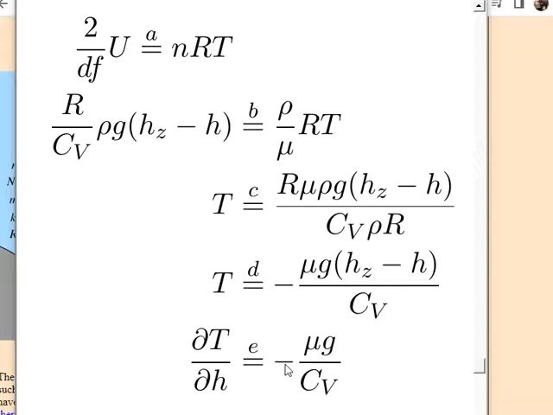I also prettied it up a little bit so that instead of going to del T del h here, I just canceled out R rho and left c sub v and the other variables that were not repeated. So yeah, it looks like del T del h is negative mu g over c sub v.